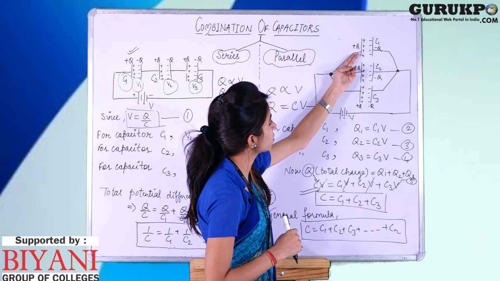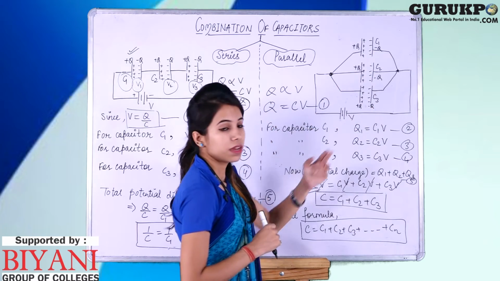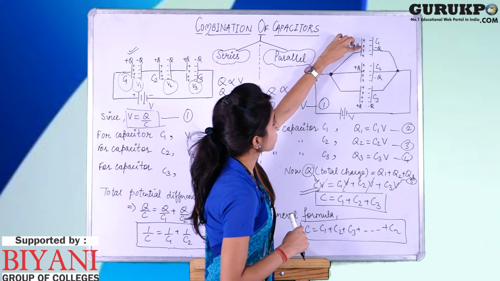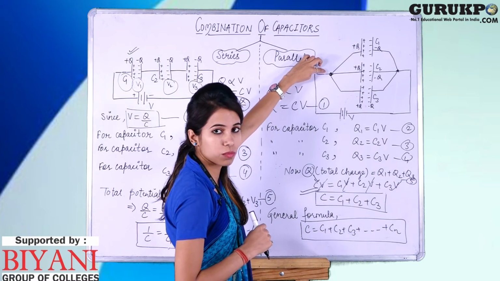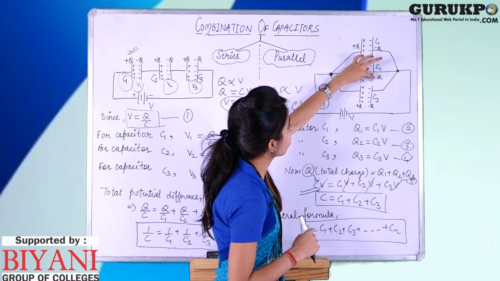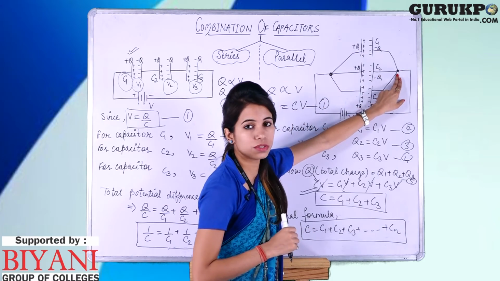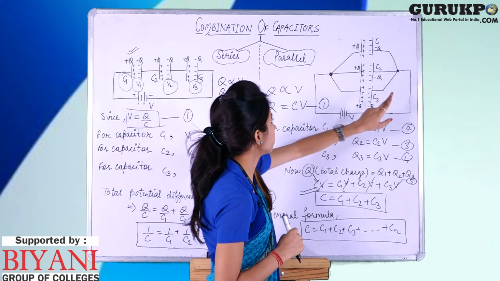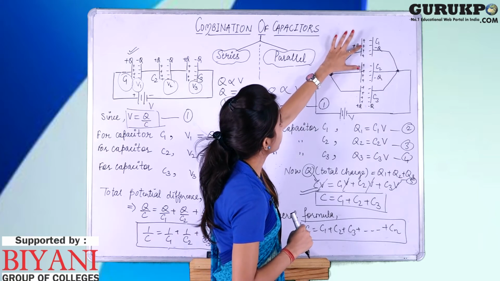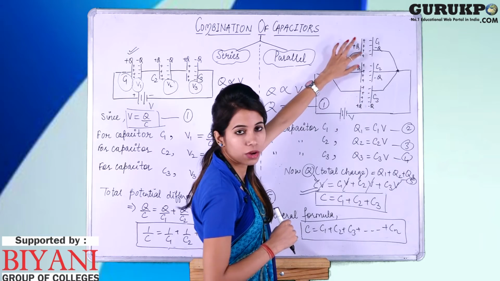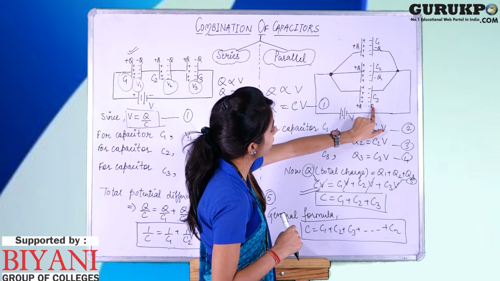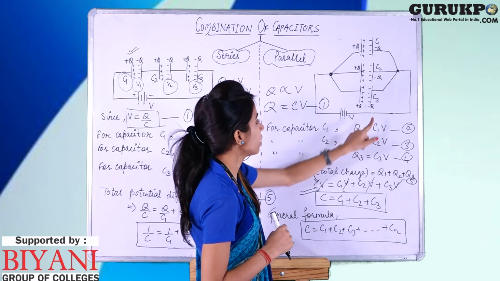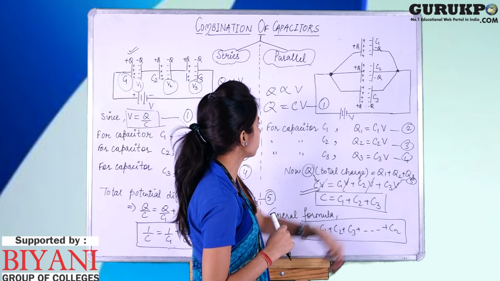In this we can see that the first plates of all 3 capacitors are connected to a common point and the second plates of all 3 capacitors are connected to another common point. The first plates of all 3 capacitors will have plus Q charge, and the second plates will have negative charge, that is minus Q.